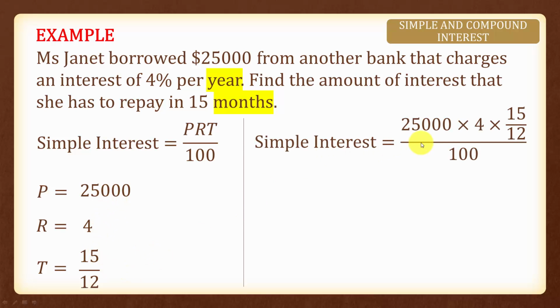Substituting these values into the formula, we will have this, which will give us the interest to be $1,250. Now, when the interest is not stated as whether it is simple or compound, we will take it as simple interest.